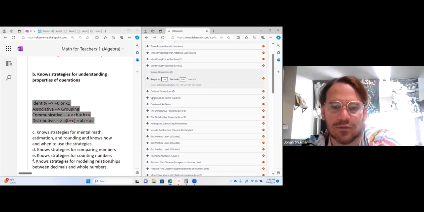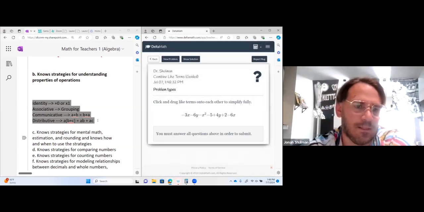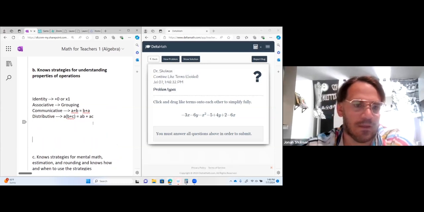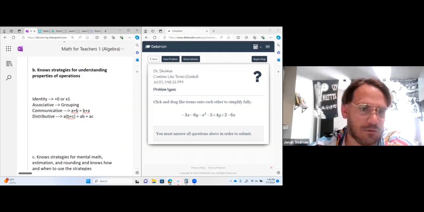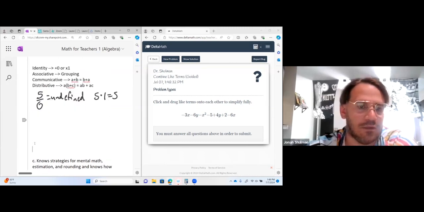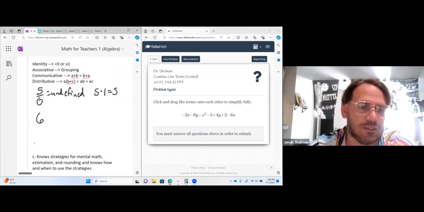All right, let's go to this. So right here, what's other stuff we need for this one? If we have 5 divided by 0, that's undefined. Anything times 1 is itself. What other things did they give us? They also had 6 to the 0 power.